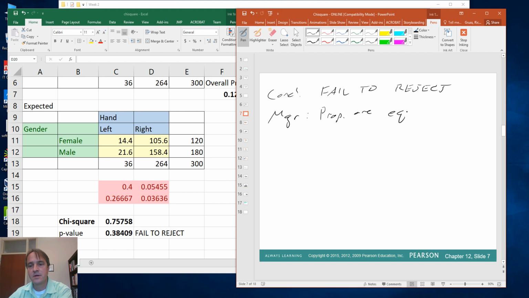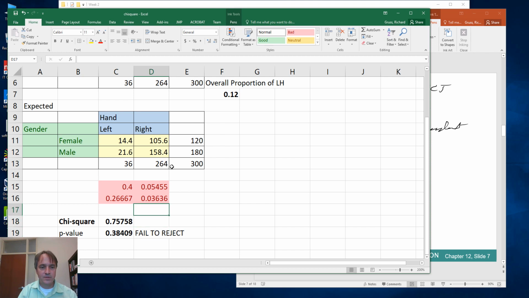And when the proportions are equal, then that means that the variables are independent. They have nothing whatsoever to do with each other. And so the proportion of left-handed females is the same as the proportion of left-handed males. Okay, all right. So there is how you would go about doing a hypothesis test for a test of two independent categorical variables using the chi-square statistic.